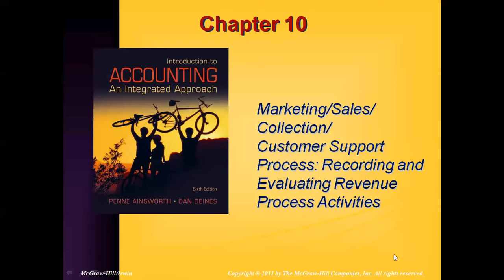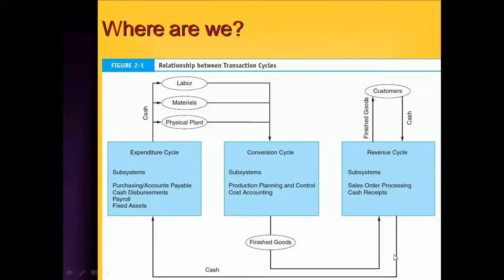But let's go back to our handy dandy chart here and get some orientation on where we are. We've looked in depth at the expenditure cycle in terms of how those events are recorded in an accounting system, whether it be manual or automated.